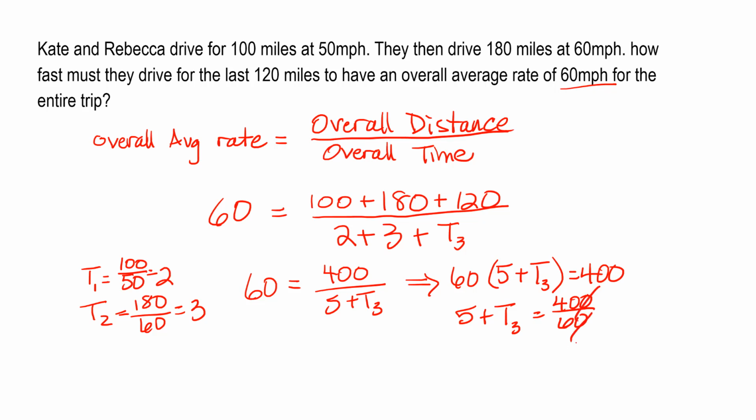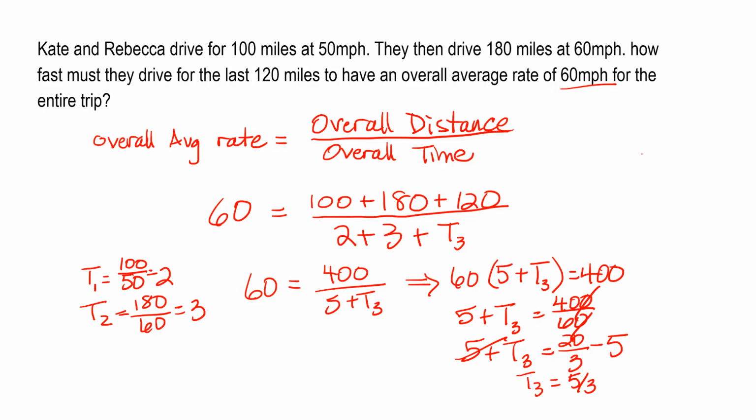We cancel one of those zeros. We're going to have 40 over 6. So that is 20 over 3. If we subtract 5 on both sides, 5 is 15 over 3, so 5/3 is T sub 3.